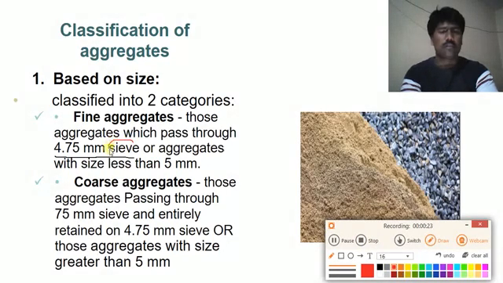In a lab, there are so many sieve sizes, looking like a tray shape, of different sizes. It could be a 75 micron sieve, 4.75 mm sieve, 2.36 mm sieve. There are so many sieves. In that, the primary sieve that we are considering is 4.75 mm.